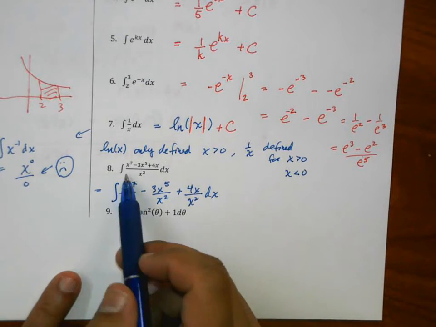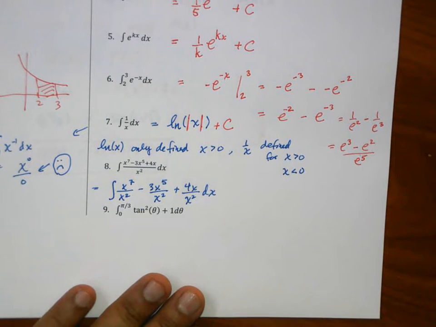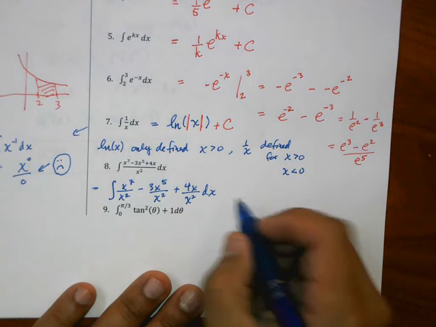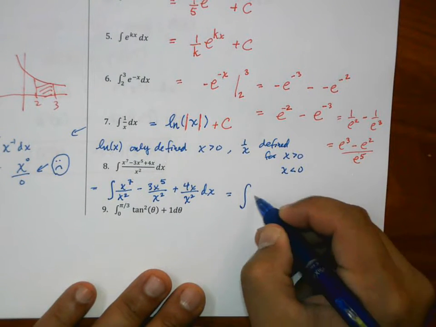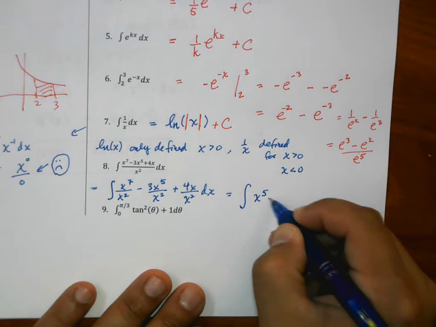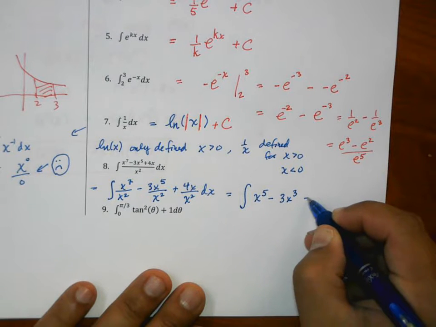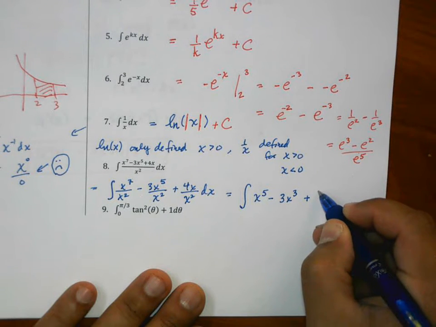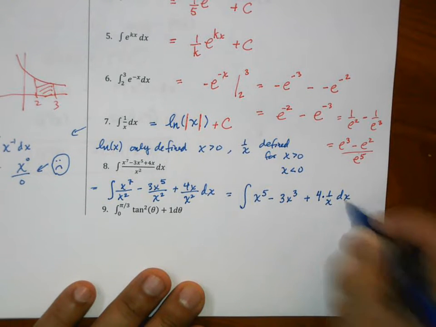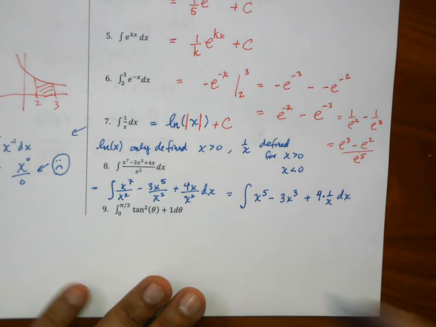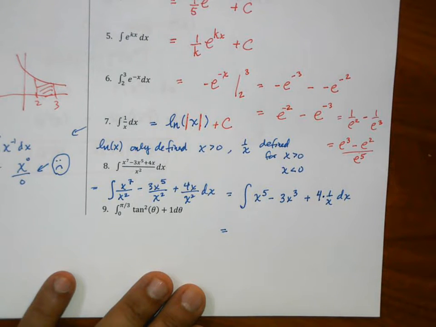If you try and take the antiderivative of this as is, you're reversing the quotient rule, which will lead you to a very, very large mess. So separating it allows us to break it down into these much simpler polynomial-like expressions, which will then allow you to evaluate this a lot better.